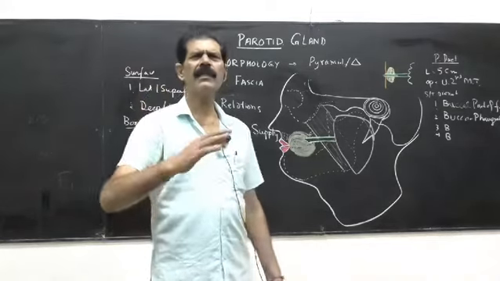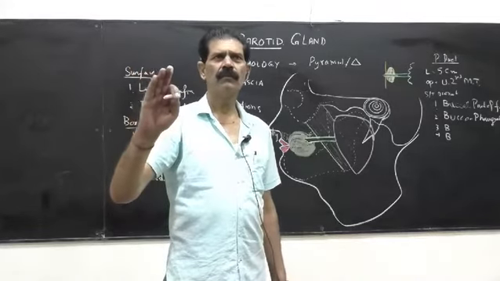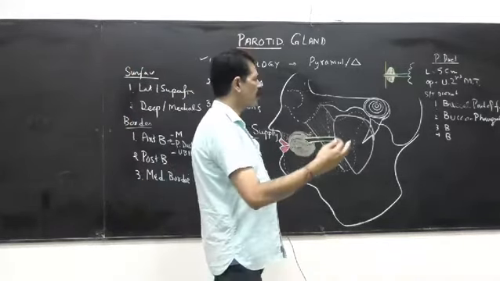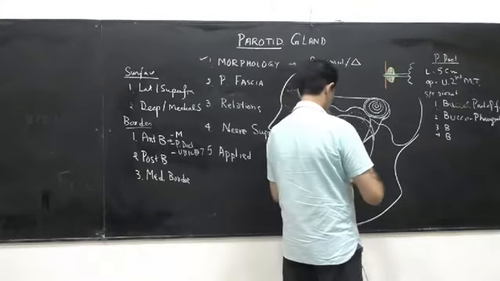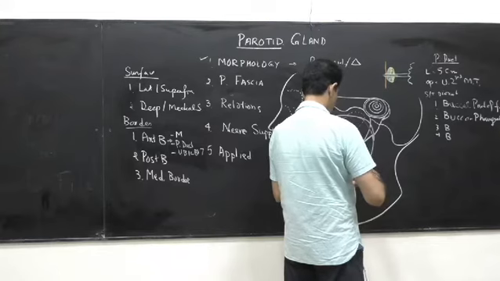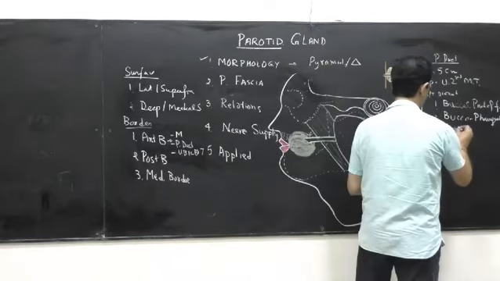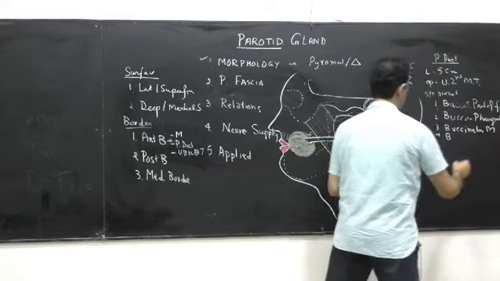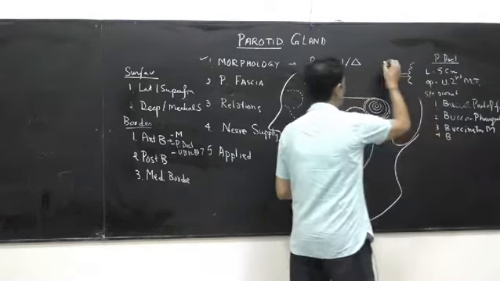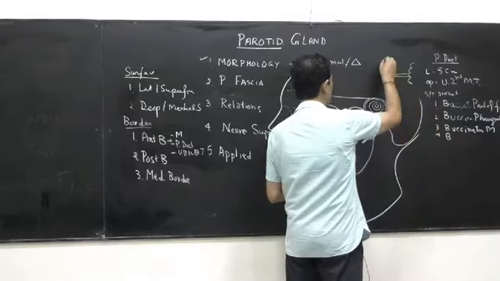So every muscle is covered by a fascia. So the buccopharyngeal fascia is another obstacle. And number 3, B for buccinator muscle. Which fibers of buccinator? Horizontal.